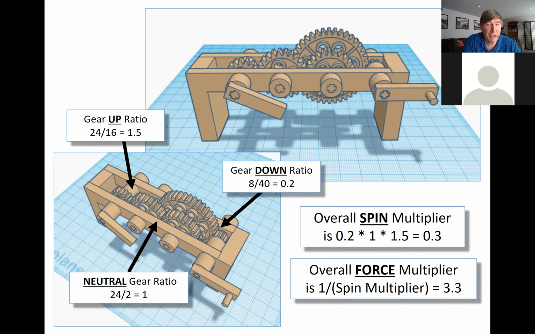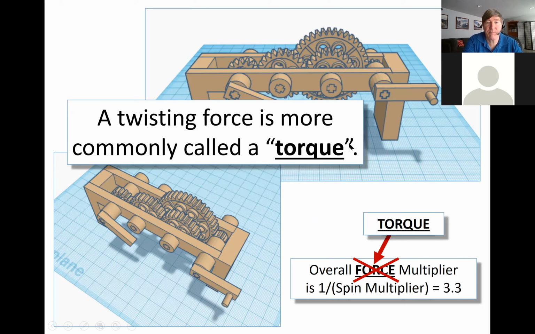And by the way, we should start using the proper terminology. Whenever we're talking about a twisting force, a spinning force, instead of calling it a force, a better word to use for it is torque. So a twisting force, we shouldn't call it a force, we should call it a torque. Now, there are people who call it a force because they say, well, what's the difference between a twisting force and a pushing force?